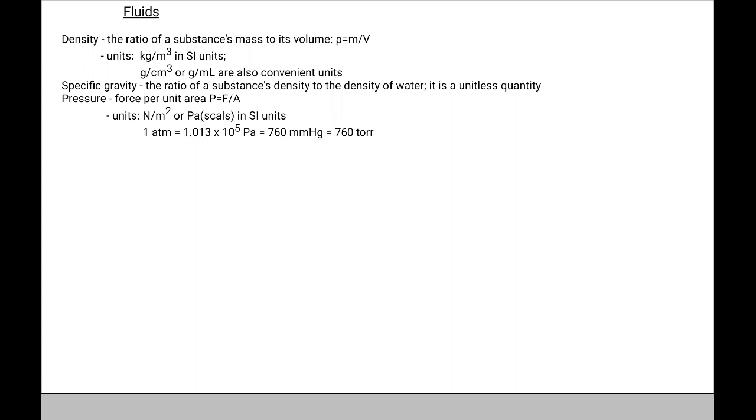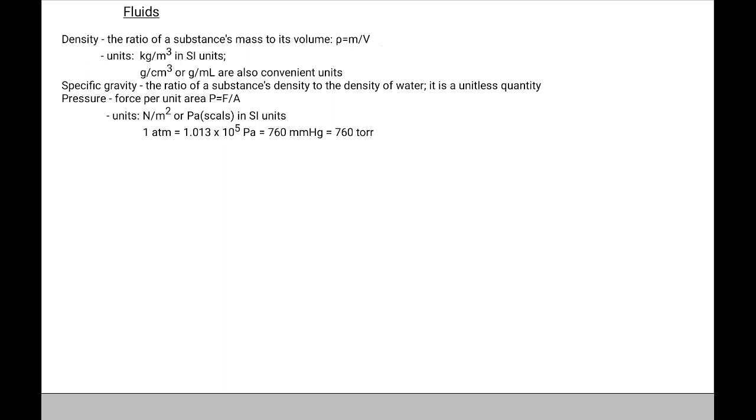Now, you may have encountered other units for pressure in chemistry, I believe. 1 atmosphere would be the preferred unit for pressure, but it's not the SI unit. So the conversion factor is 1 atmosphere is 1.013 times 10 to the 5th pascals, and it is also 760 millimeters of mercury, which is 760 torr.